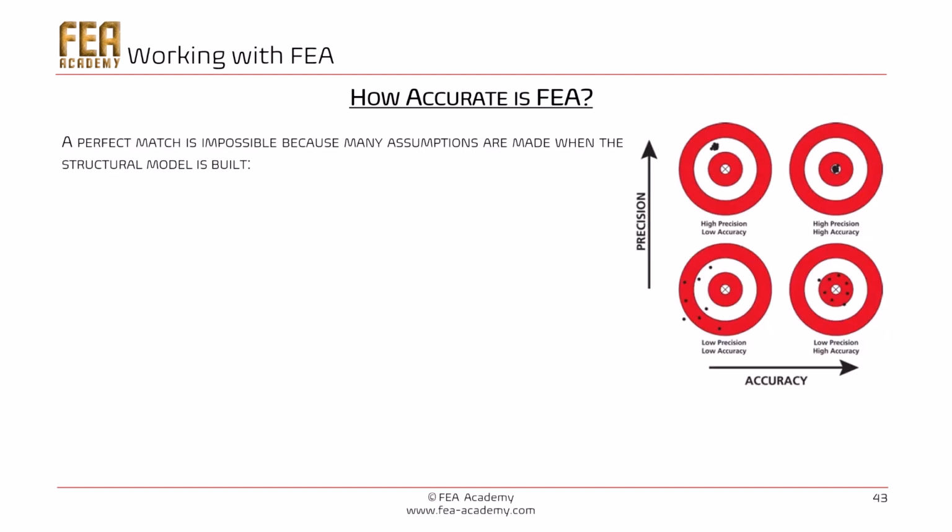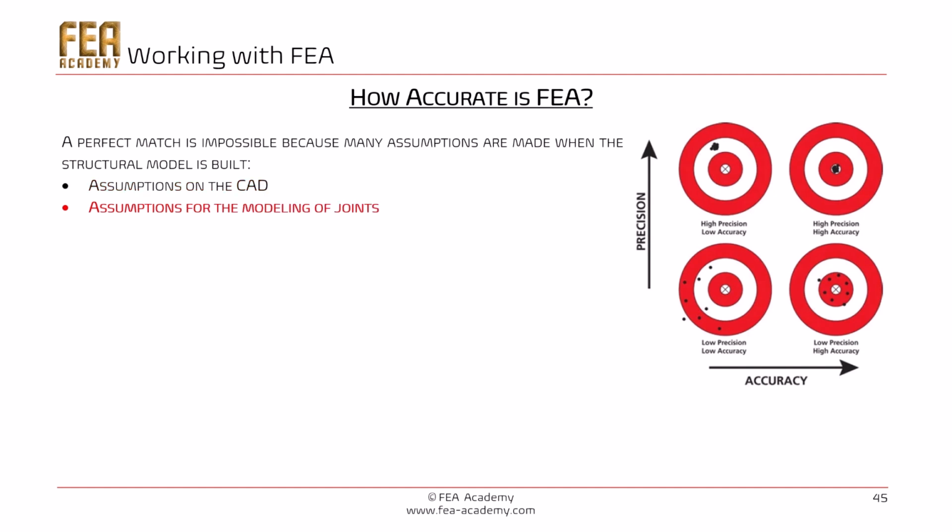Obviously, a perfect match between the reality and the model is impossible because many assumptions are made when the structural model is built. A first assumption is made on the CAD when it is discretized by creating meshing of the different parts that compose the structure.